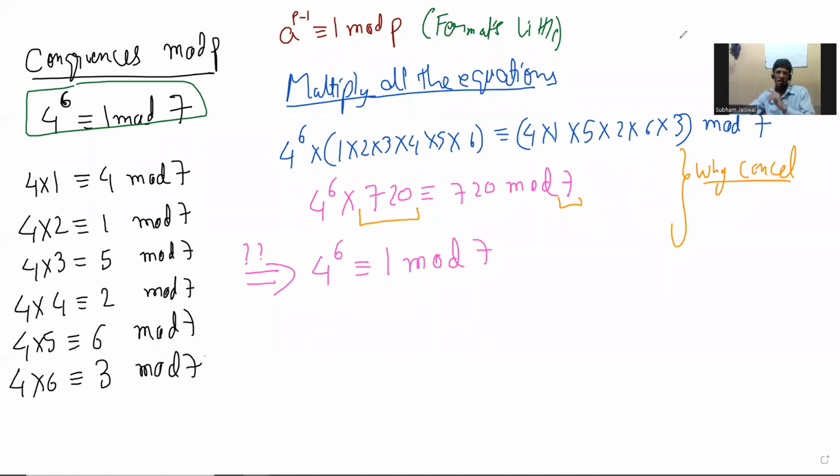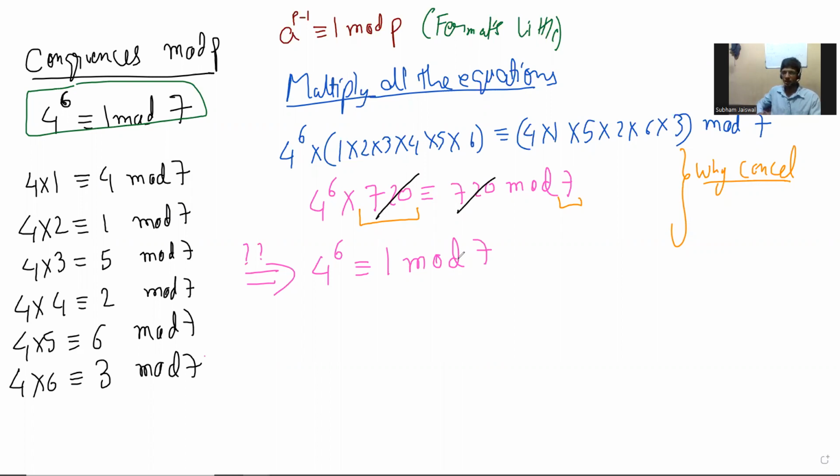All right, so there are more things there, but we can cancel the 720 and we can say this. So now the task is to make this kind of thing work for other numbers.